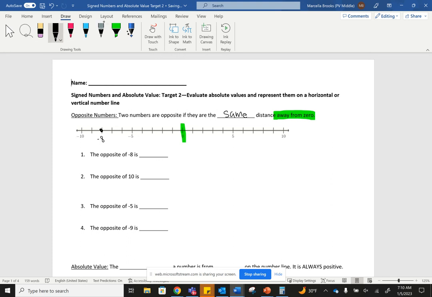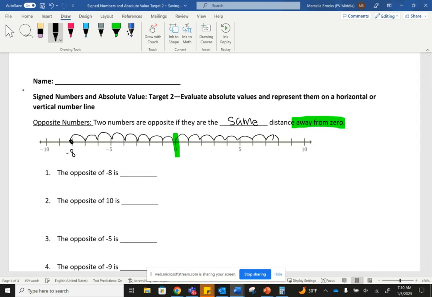So we're going to go to the other side and look. How many spaces is -8 away from 0? It's 1, 2, 3, 4, 5, 6, 7, 8. It's 8 spaces. So let's go this way. 1, 2, 3, 4, 5, 6, 7, 8. So the opposite of -8 is +8.